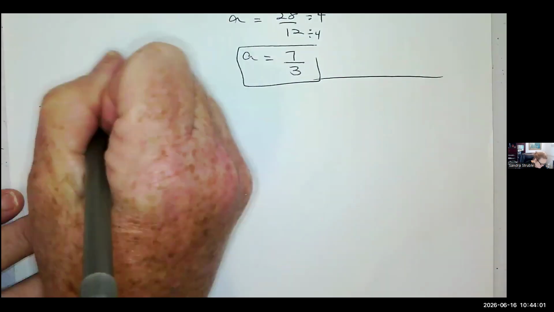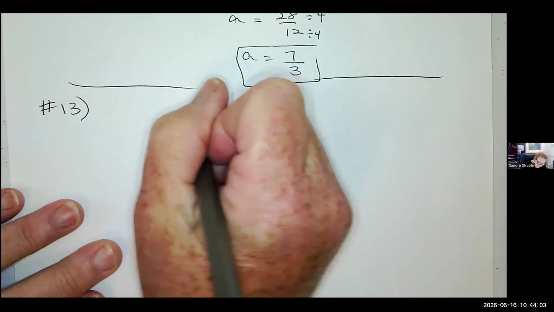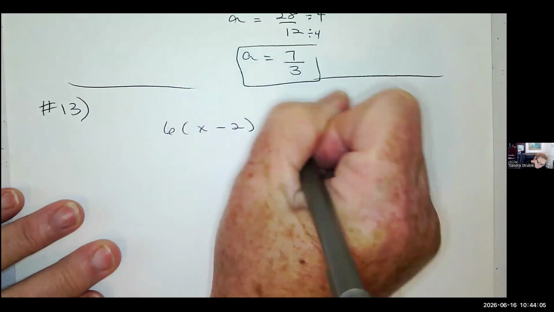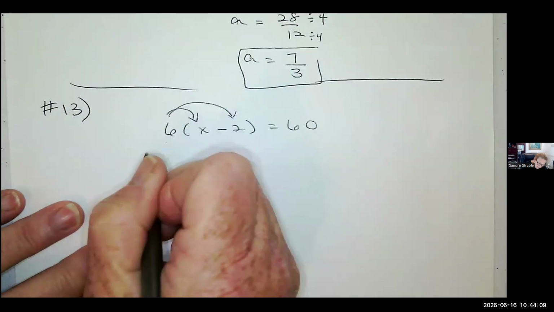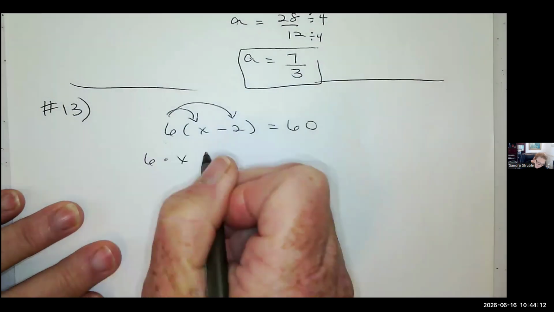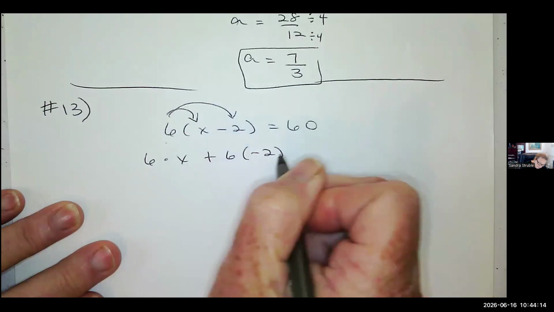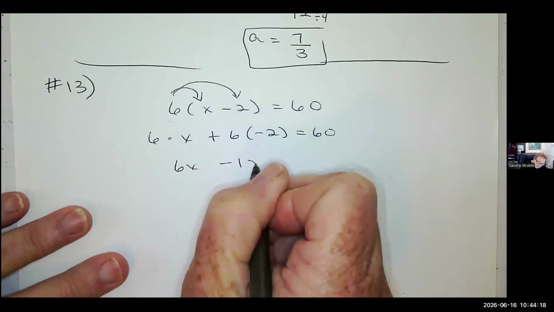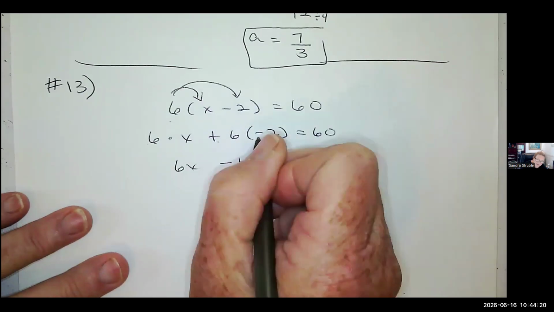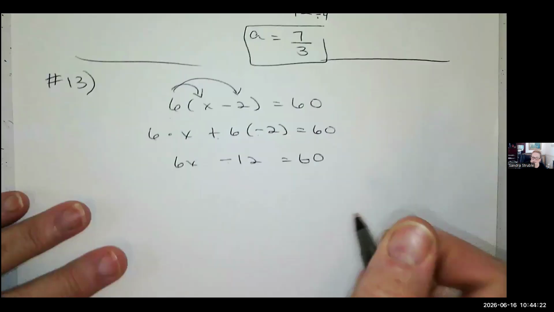6 times x minus 2 equals 60. I have to distribute the 6. So 6 times x plus 6 times negative 2 equals 60. So 6x minus 12. 6 times 2 is 12. Positive times the negative is a negative, equal to 60. I need to get my constants on one side, my x on the other.